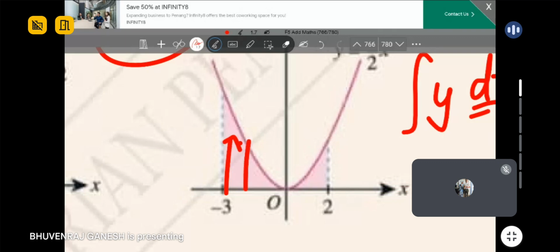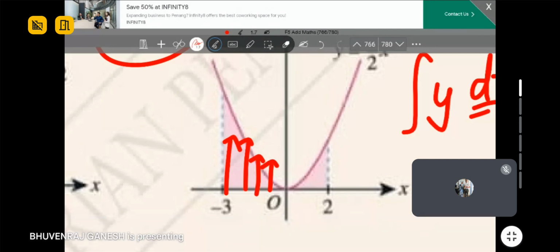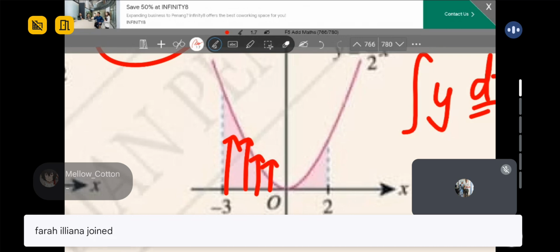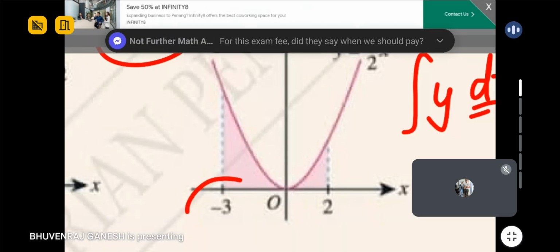So guys, check and see. Untuk kawasan kat sebelah kiri, adakah had kamu positif atau negatif? Are your limits positive or negative for the left side of the x-axis? Cuba jawab. Yes, you will get a negative limit, sebab kamu nampak negatif 3.